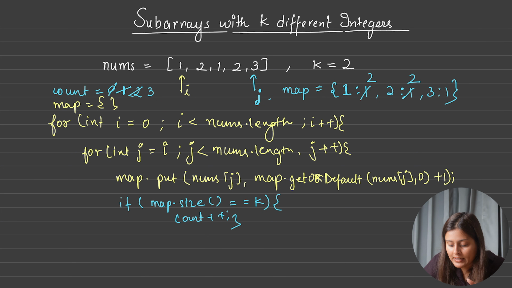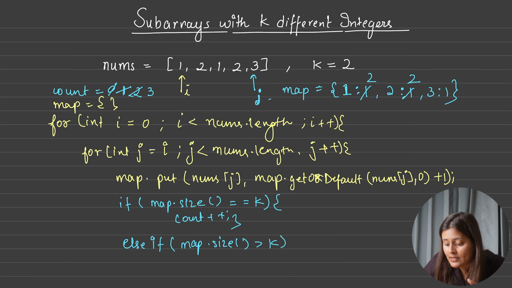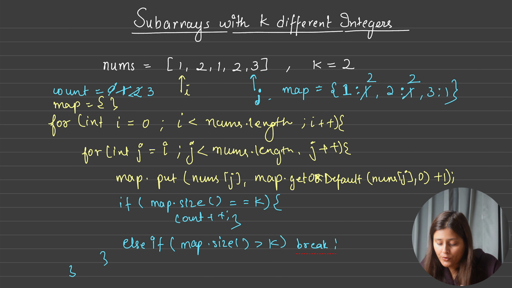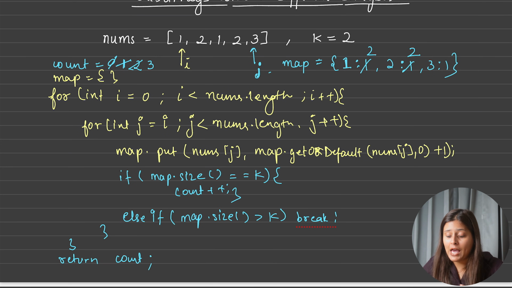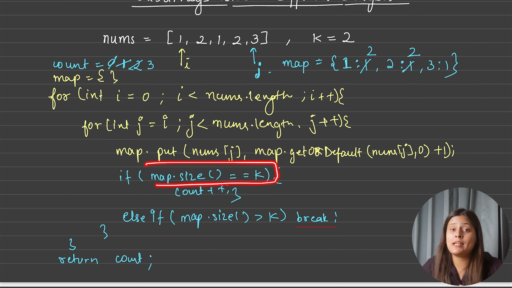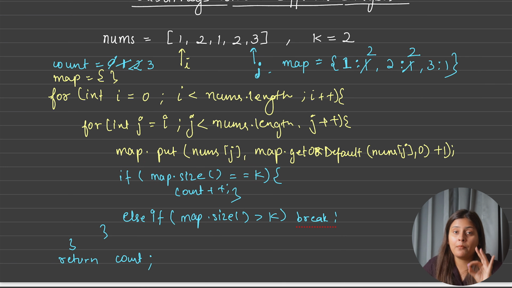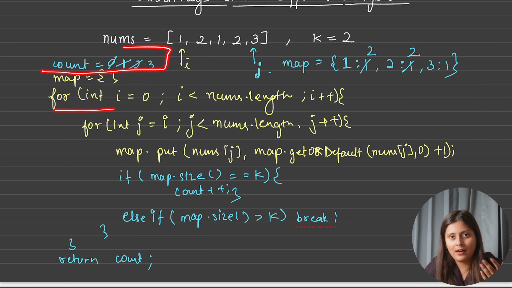That is why we will write an extra condition of else if map dot size is greater than k somehow, then our task is to break from that loop. And this is the entire code for this brute force, and at the end we can simply return our count as the answer. If you see, we have only counted those subarrays which have exactly k unique numbers. So in this case our count will be nothing but our final answer.